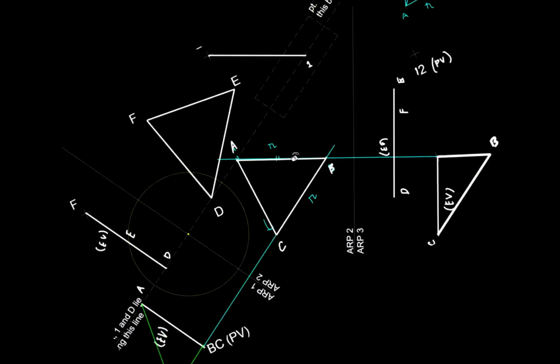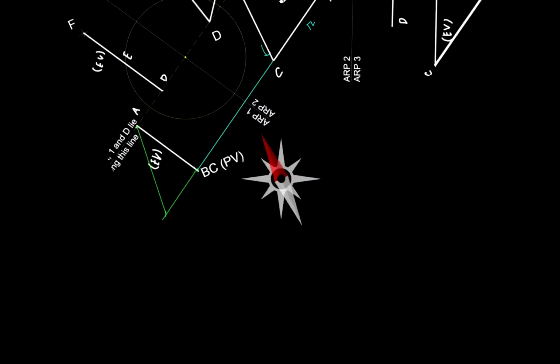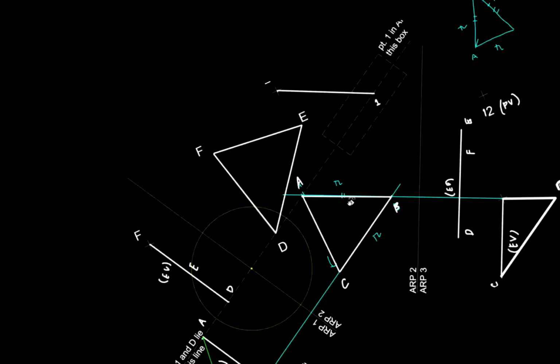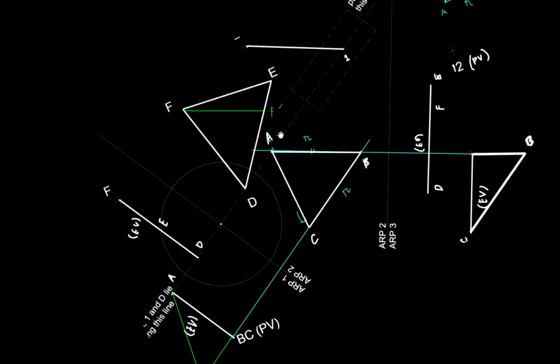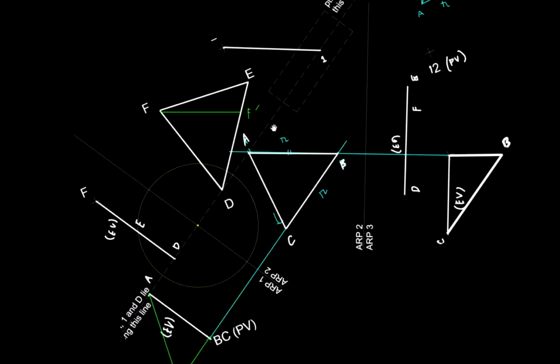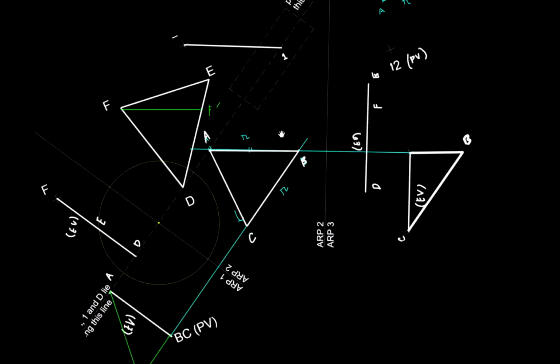I-rotate lang natin to. Yan. Tapos gumawa ako ng line na ganito. Let's call this F prime. Then dapat itong si F prime should also be parallel to AB in the next view.